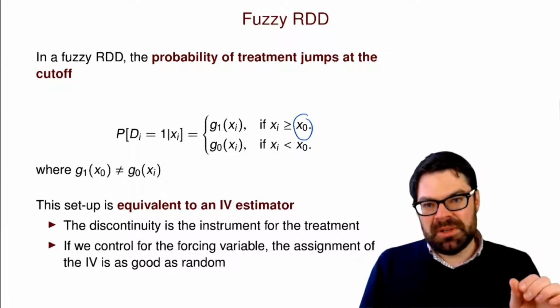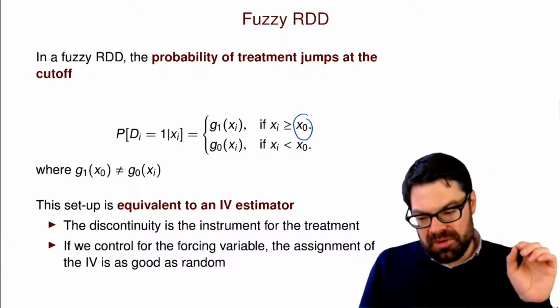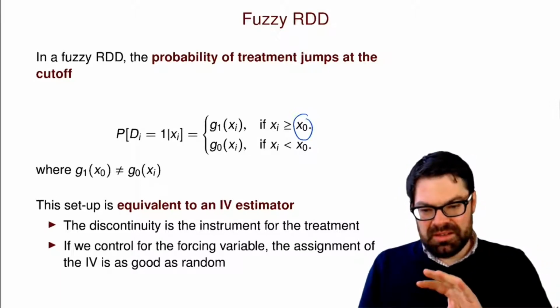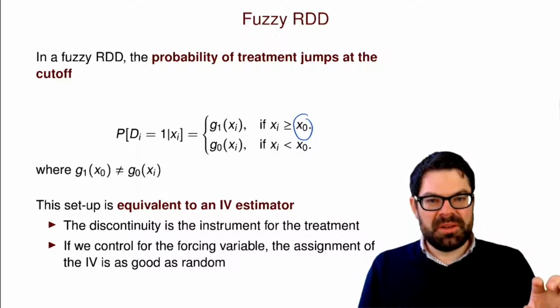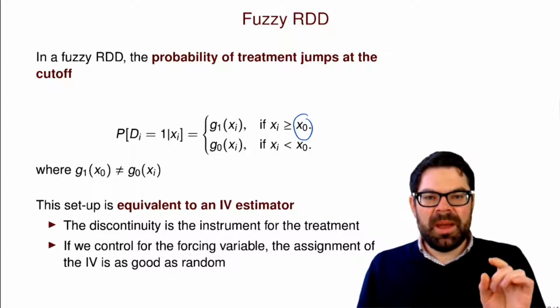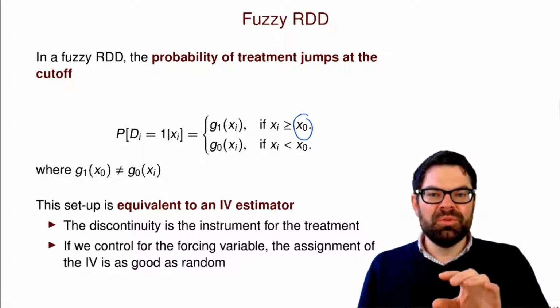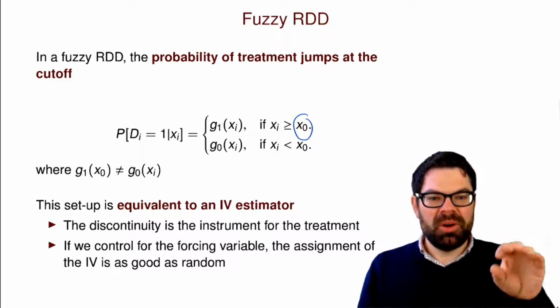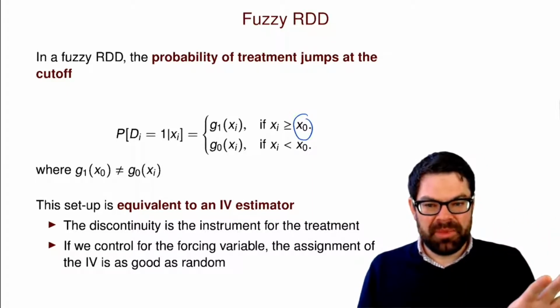There is a difference relative to IV estimators in terms of the interpretation, because when we run a standard IV analysis, we don't quite know who the compliers are and from what part of the population they come.